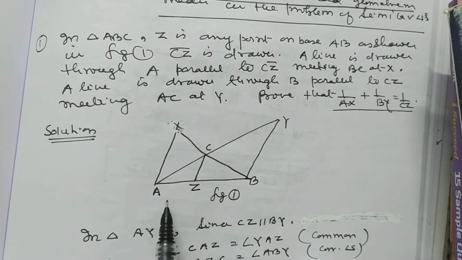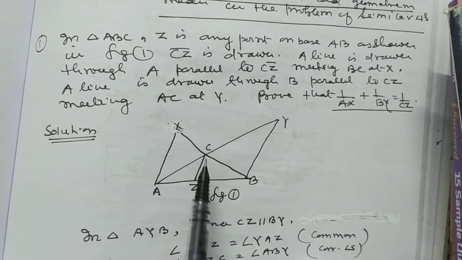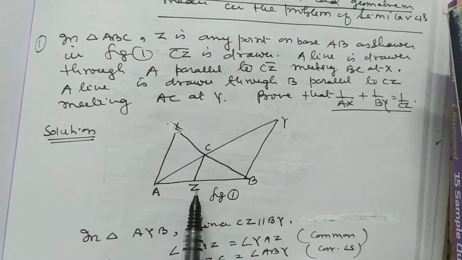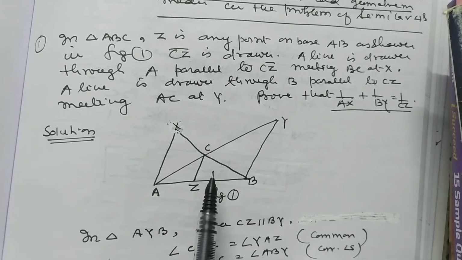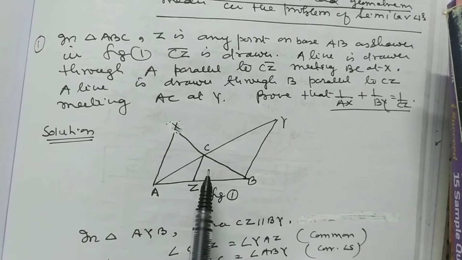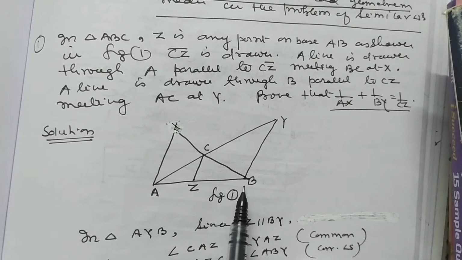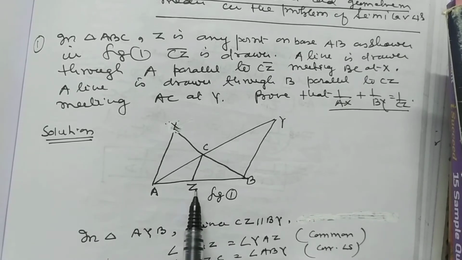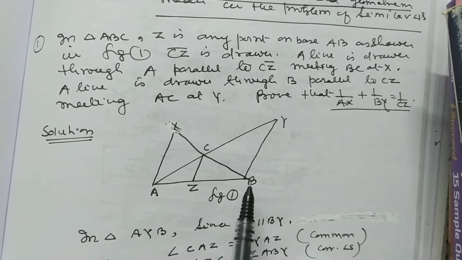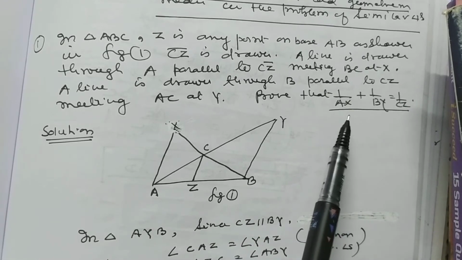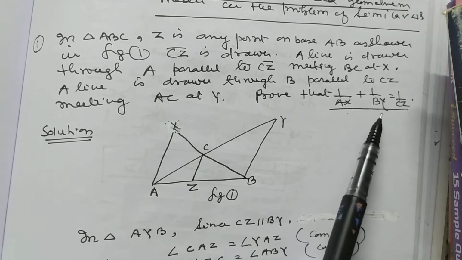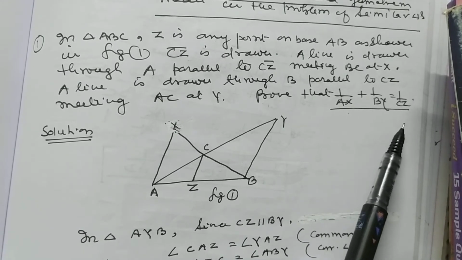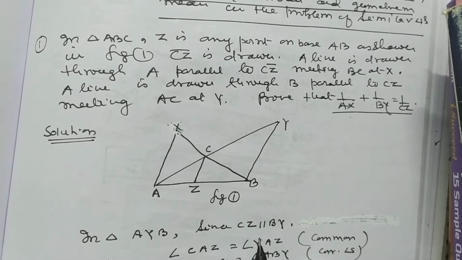A line is drawn through A parallel to CZ, meeting BC at X. A line is drawn through B parallel to CZ, meeting AC at Y. Prove that 1 by AX plus 1 by BY is equal to 1 by CZ.